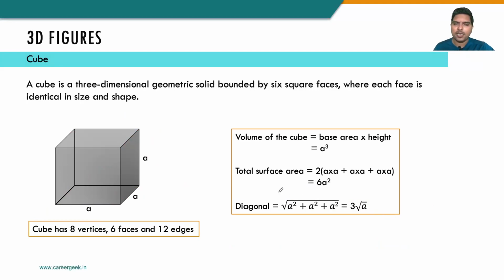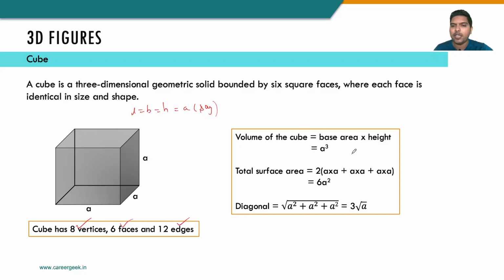The next one is, we'll look at cube. What is cube? Cube is a cuboid with length, breadth and height all are same, okay, which we assume as, let's say, A. But number of vertices, faces and edges will remain the same.